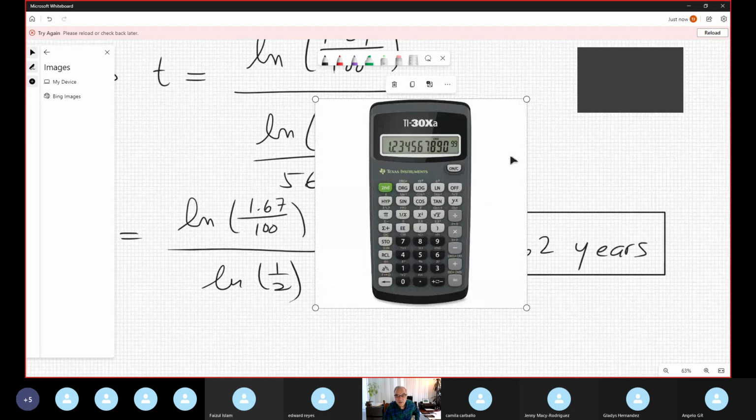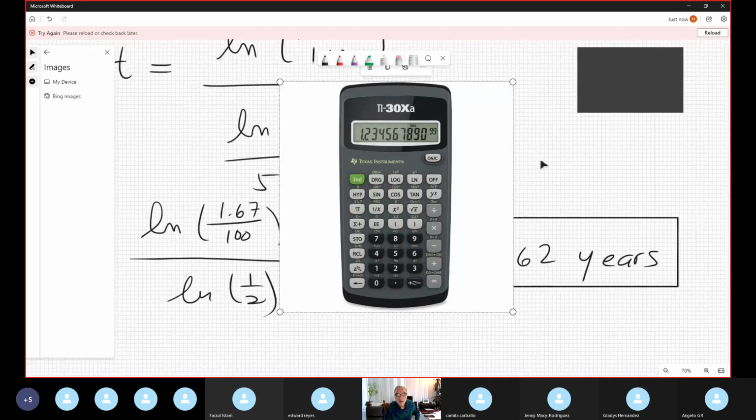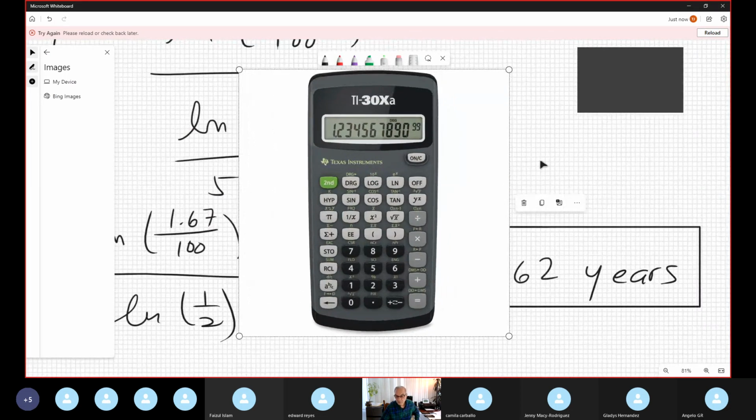Do you see this calculator? It's very similar to the calculator you have. Yes, that's how mine is. This is exactly it. But it's fantastic. Let me show you how.